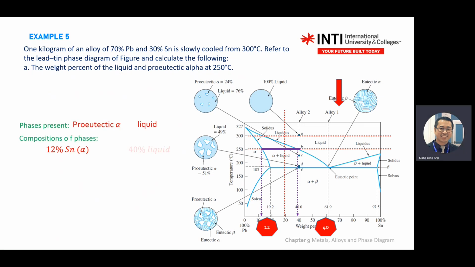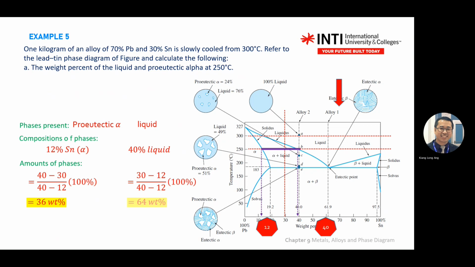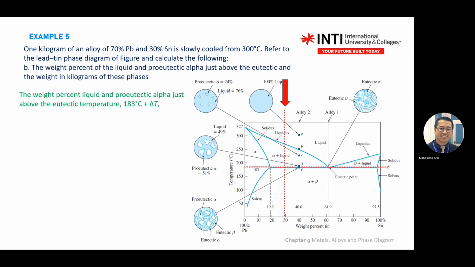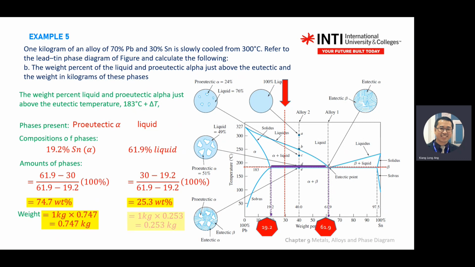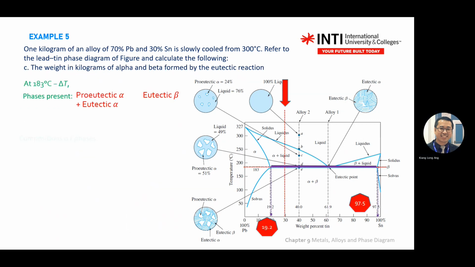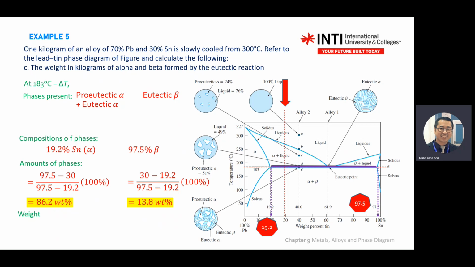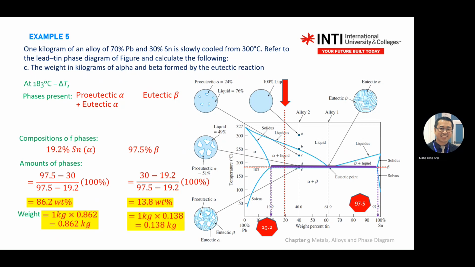Okay, same procedure. I want to highlight the last steps. You can see you write phase present, composition, amount of phase. This one. Wait. The last part. What you do, you assume you have 1 kilogram.